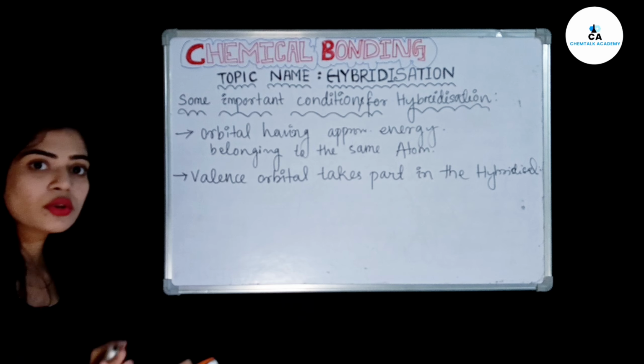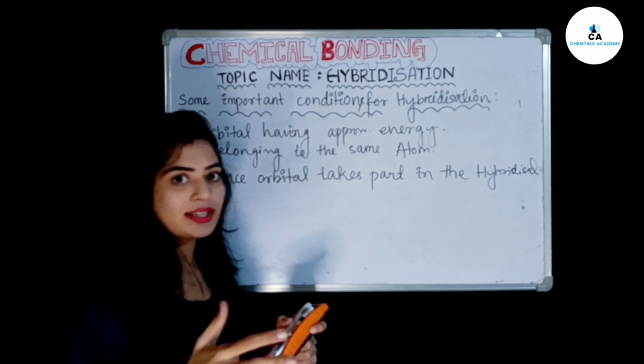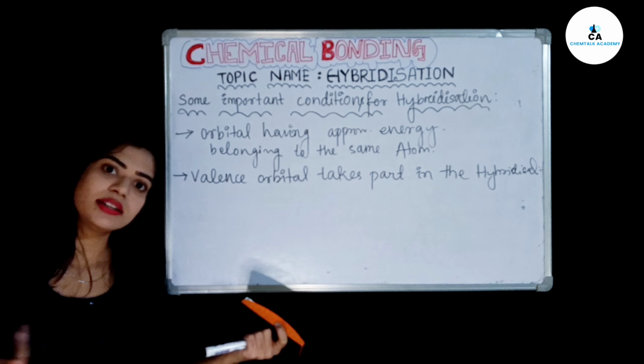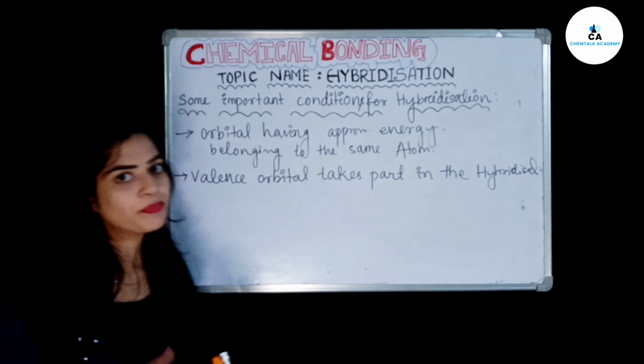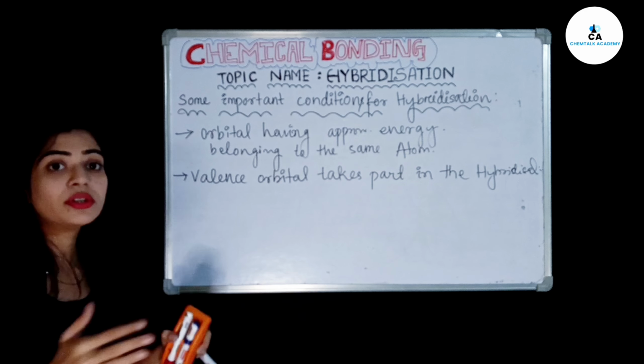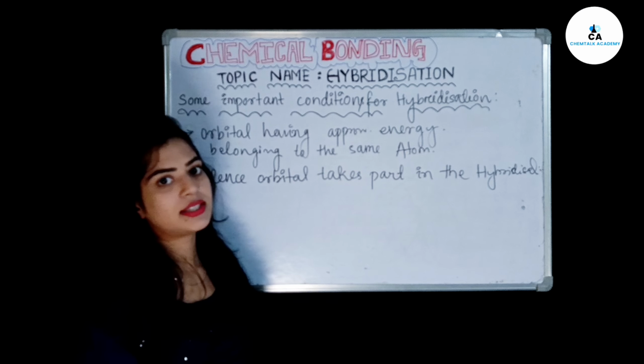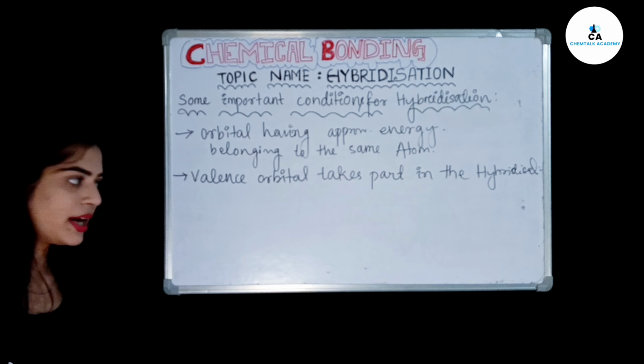Okay, only those orbitals which are present in the valence shell, because all the concept comes from the valence shell. Only the valence shell participates in the hybridization. So the orbitals which are present in the valence shell participate in the hybridization.